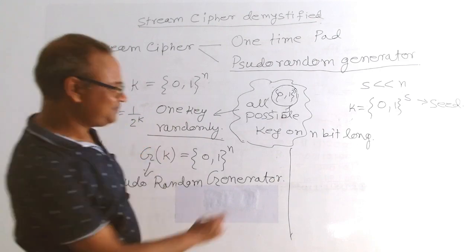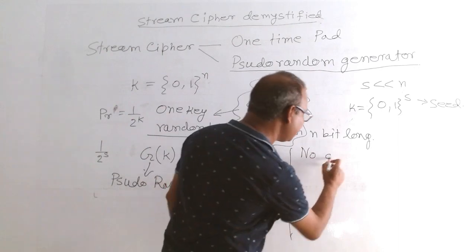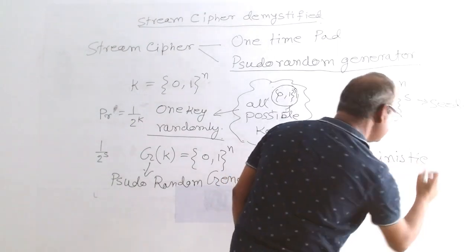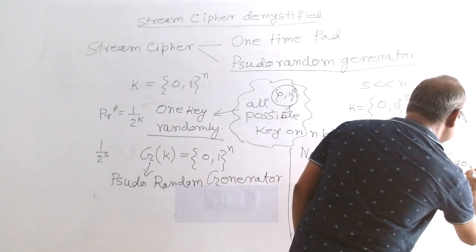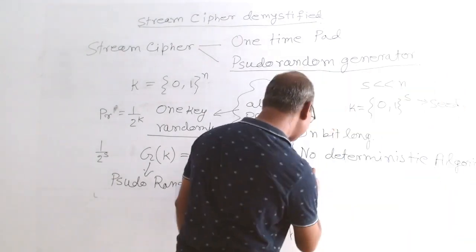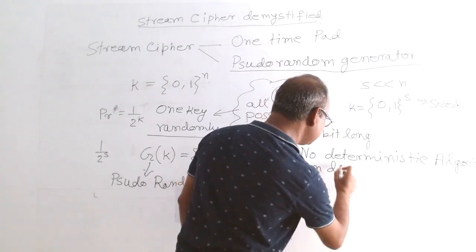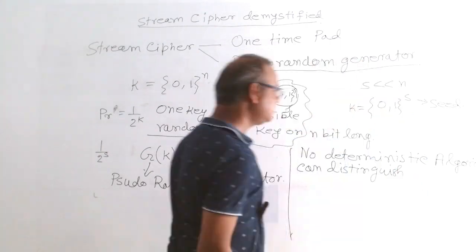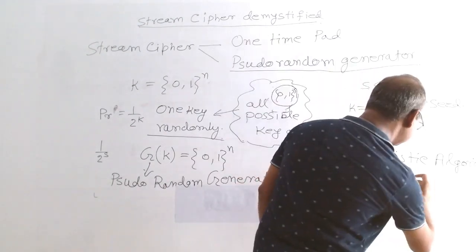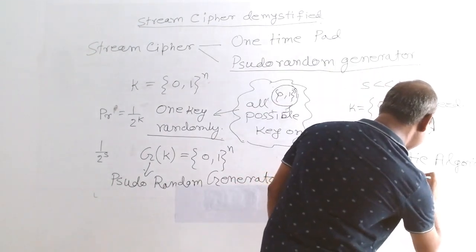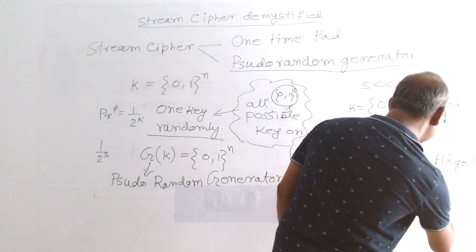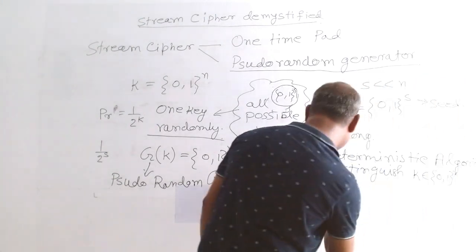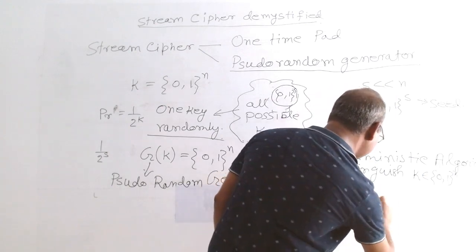Means no deterministic algorithm can distinguish k generated, k belongs to {0,1}^n, and Gk.